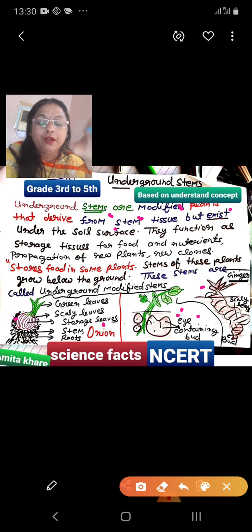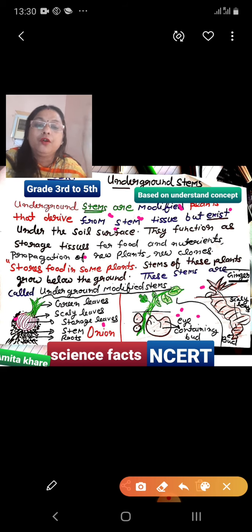This is a tissue form that exists under the soil surface. The function is storage tissue for food and nutrients, and propagation of new plants, new clones.